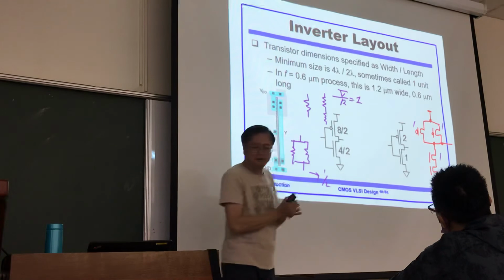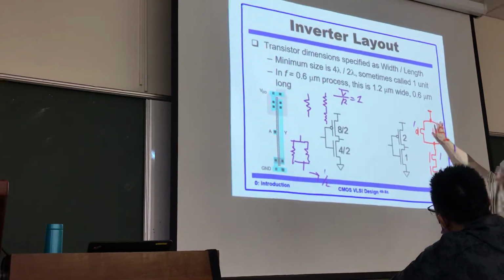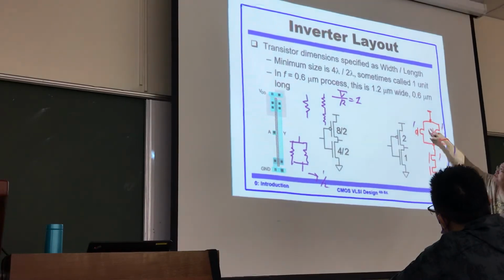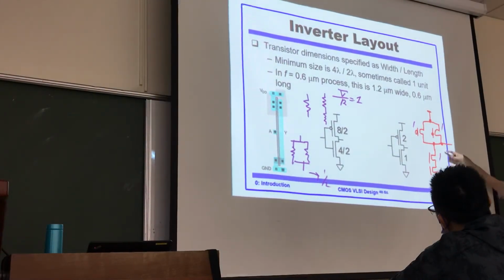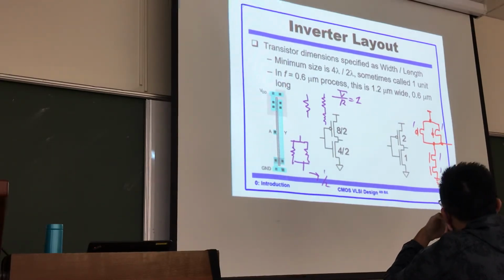So just imagine that, just cover one PMOS transistor. You only compare one PMOS and two NMOS in serial. You compare these two circuits to compare their switching speed.